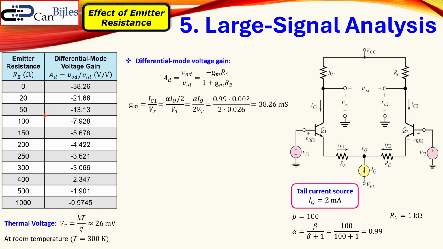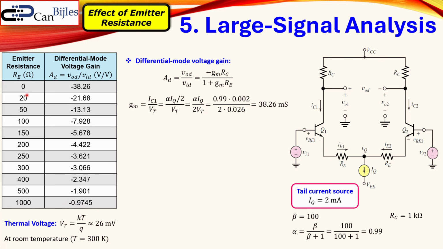And if I go to, for example, 500, I'm almost at minus 1.9. So you see the huge decrease in the differential mode gain if you increase your emitter resistance. For the extreme case, for example, a very extreme value of 1 kilo ohm, you will have actually an attenuation and not a gain anymore, which is actually here minus 0.97 approximately.